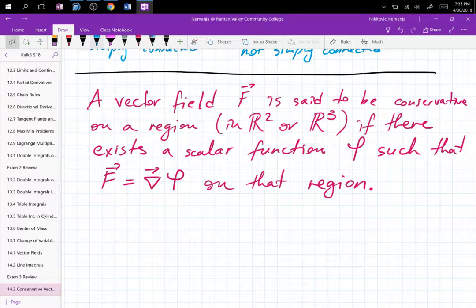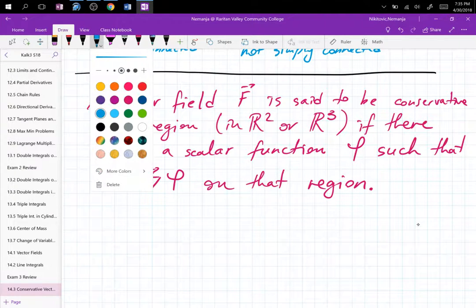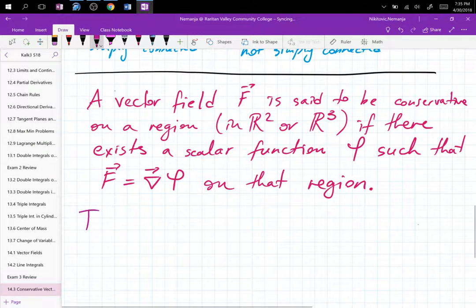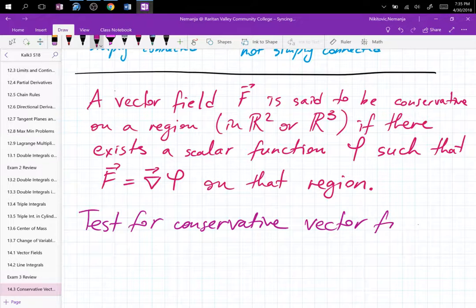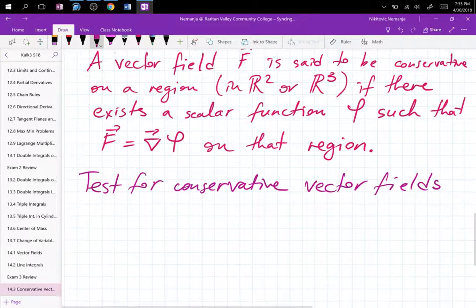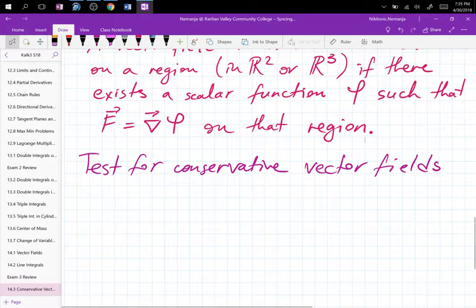And now we have the test for conservative fields. So these are the conditions.